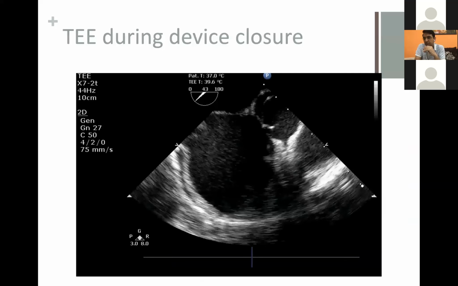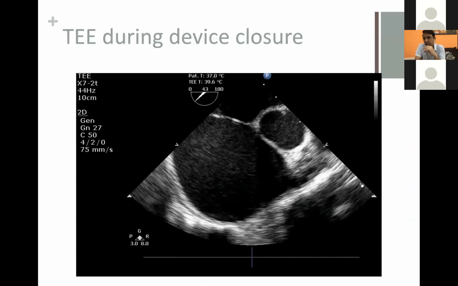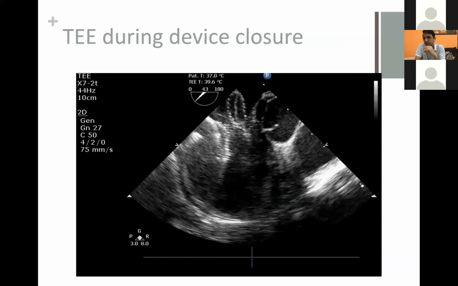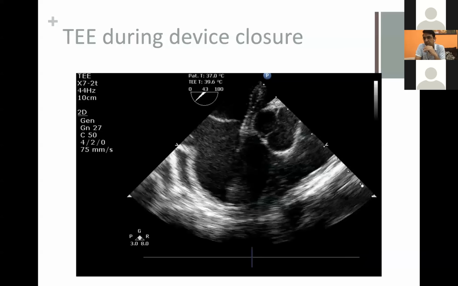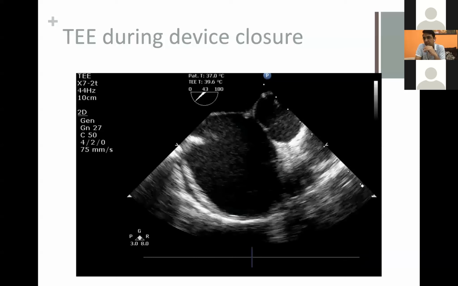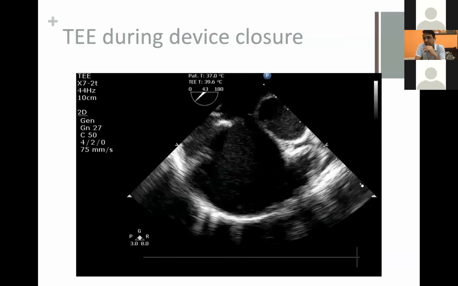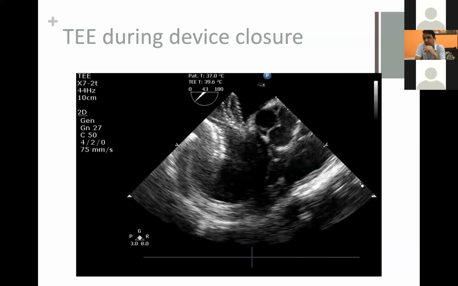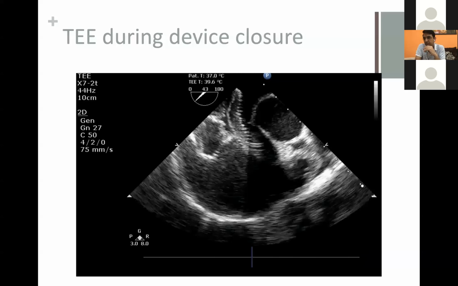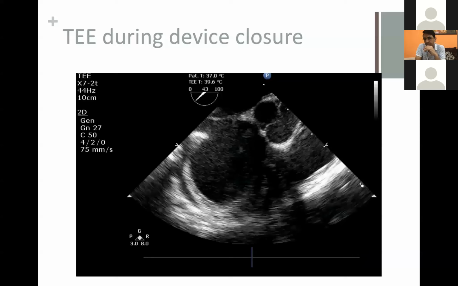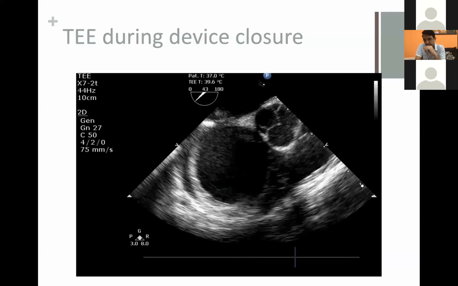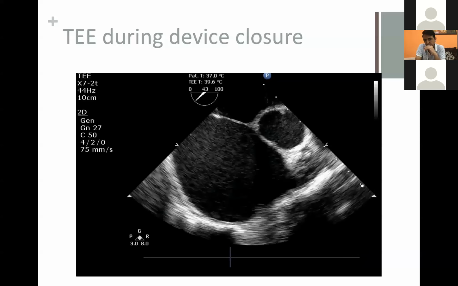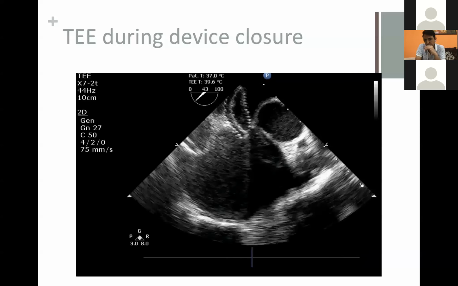Now, we all know that we make a lot of over-assessment of atrial septal defects when we do a transthoracic echocardiogram, especially in a patient with suboptimal echocardiographic windows. We feel that the ASDs are quite large, and subsequently when we do a transesophageal echo, we identify a lot of thinner margins, and the size of the defect sometimes becomes smaller than what we anticipated on conventional transthoracic echocardiography, because a higher spatial resolution is provided by the transesophageal echo.